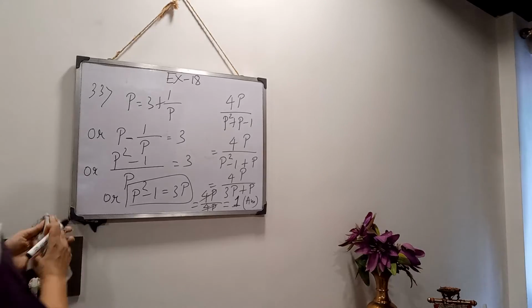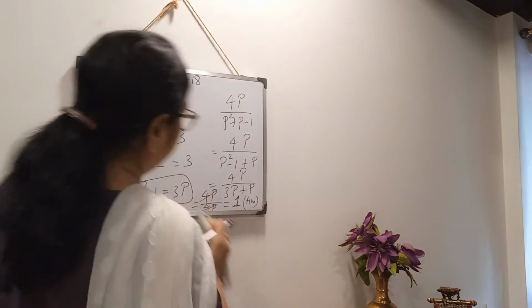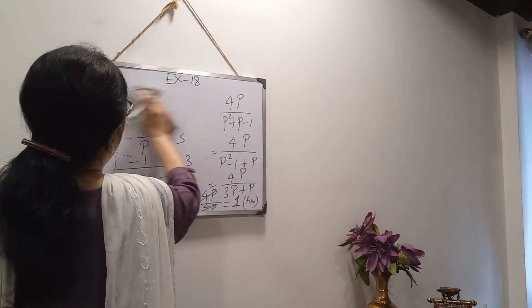Now number 34. It is given this type. Okay, very good. Number 35, see. No, 34, not 35. Number 34.